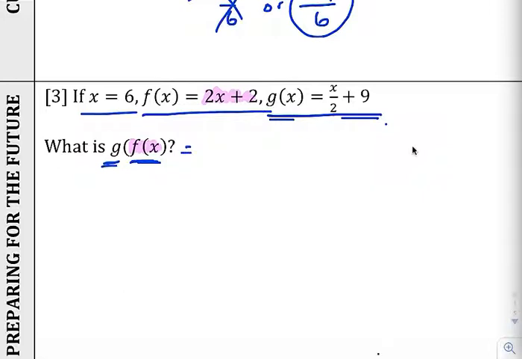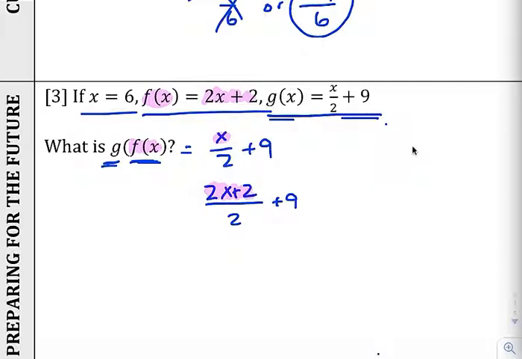So instead of x over 2 plus 9, we replace this x with our f of x, and what we'll have instead is 2x plus 2 over 2 plus 9. All that happened is we took out our x and replaced it with the f of x value, which is 2x plus 2.